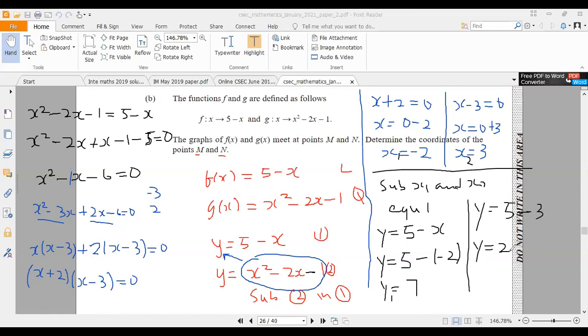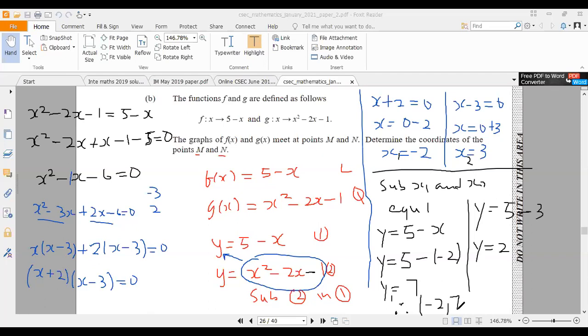So we can conclude now. When you finish, you have to conclude your work. So you can say therefore. Therefore, when x is equal to -2, y is equal to what? 7.